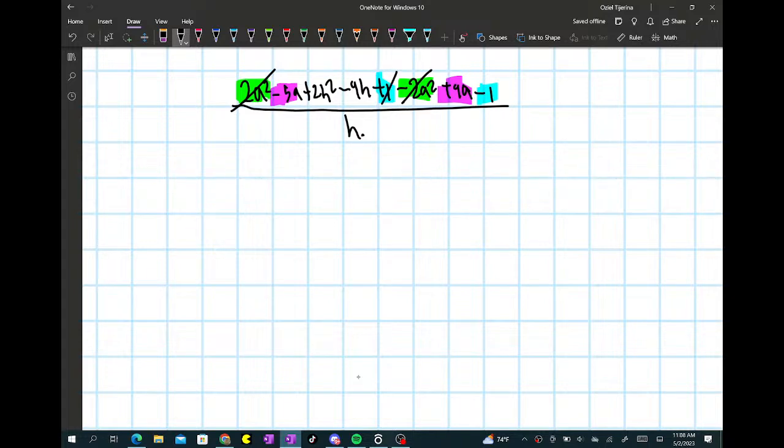So these two cancel out as well. What else cancels out? And now we have to combine like terms, actually. So we have 2h squared, because that is what this part is, right? And then minus 9h, and then negative 5a plus 9a, that's going to be plus 4a.